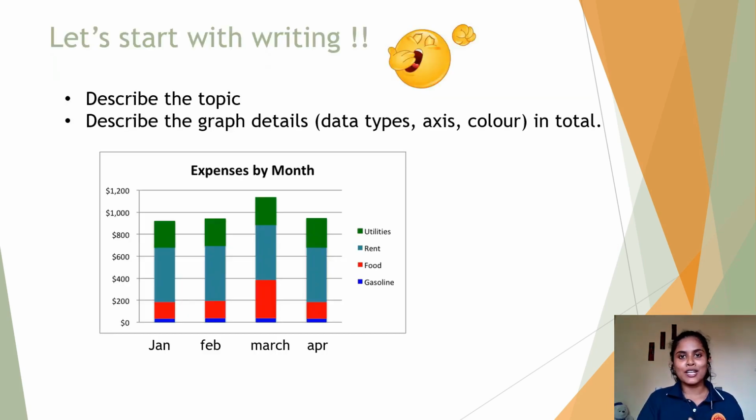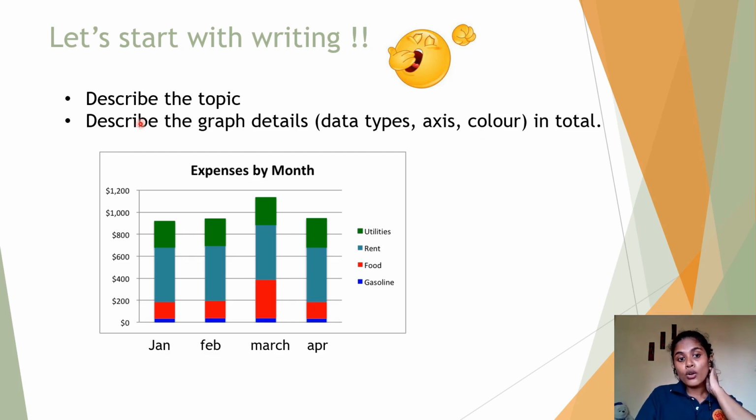Then let's start with writing. First, we should describe the topic as we did earlier in the pre-steps, the 4 pre-steps we did. In the first step, we read and understood the topic, right? So we have to describe the topic. When we are starting to write the answer, the first thing we have to do is describe the topic.